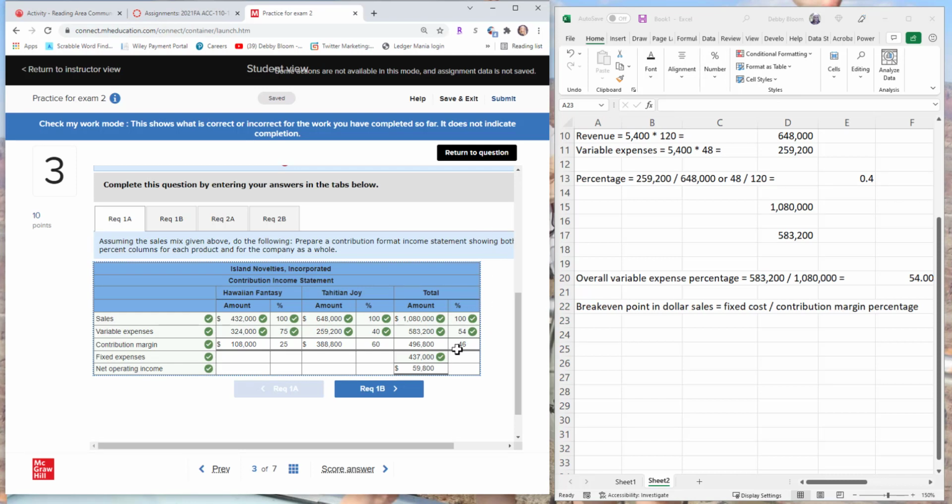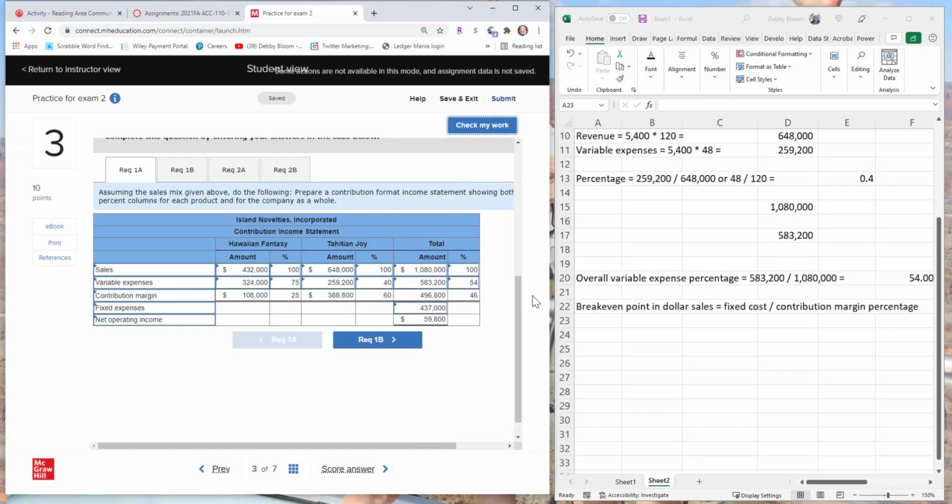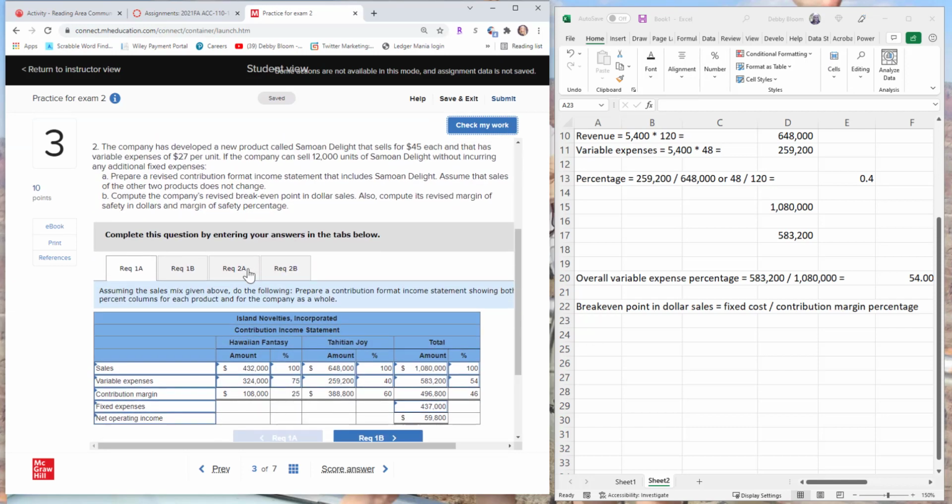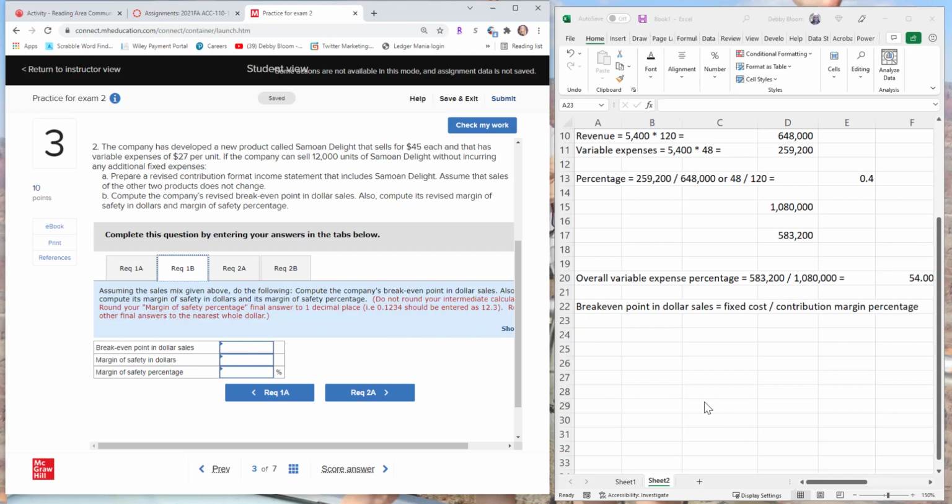Right now for this company, our contribution margin percentage is 46%, 0.46, and our fixed expenses are $437,000.